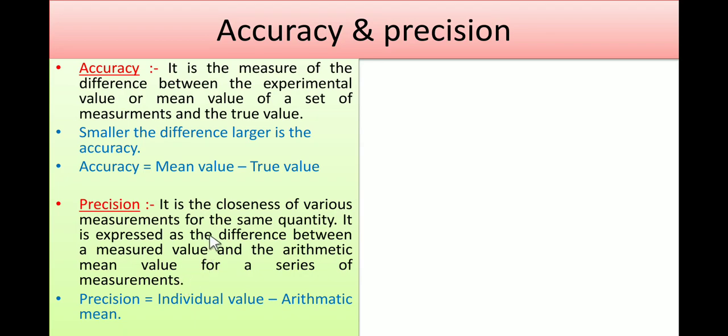If we take the same experiment 2 times, 3 times, 4 times, and the results we obtain are consecutive and close, then the precision is high. So precision is the individual value minus the arithmetic mean.